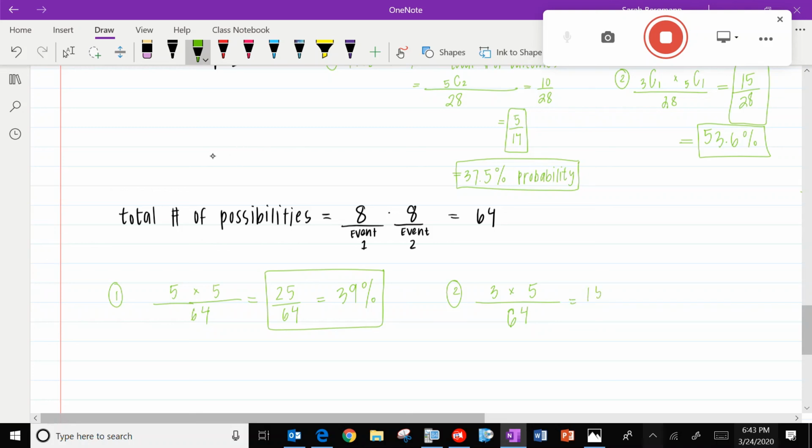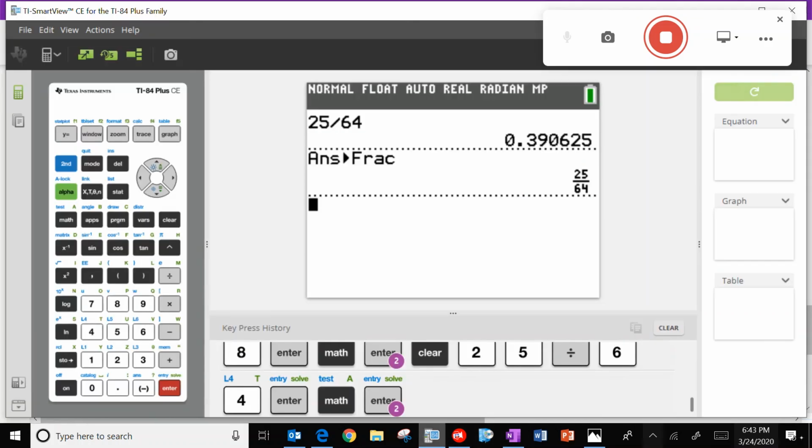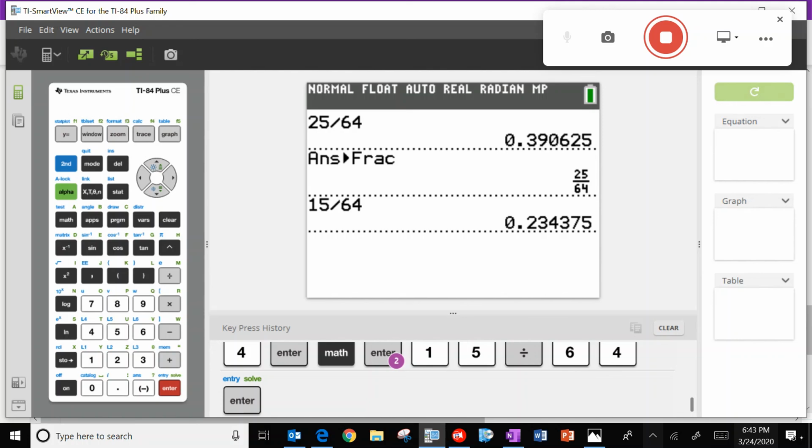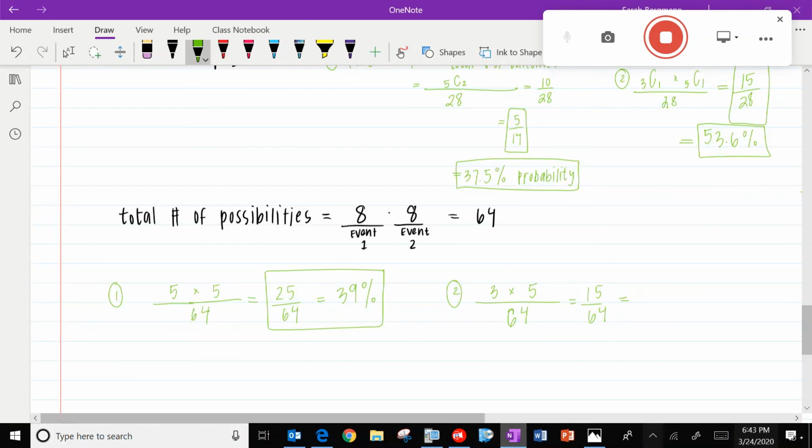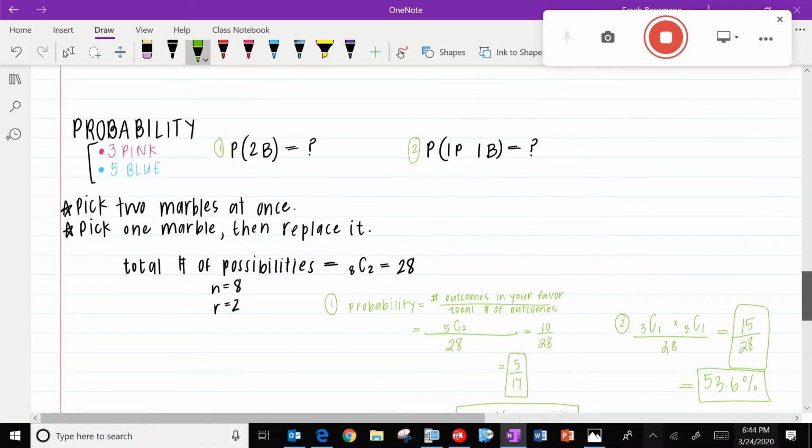So you get 15 over 64. So that's 23.4%. And it does not reduce. So you have a 23.4% probability of picking a pink marble, then a blue marble.